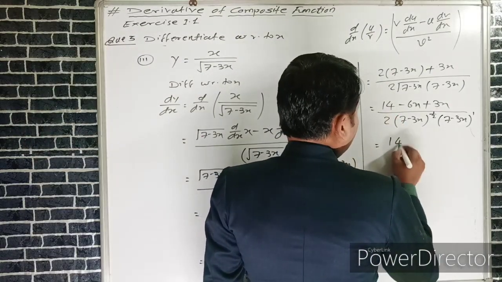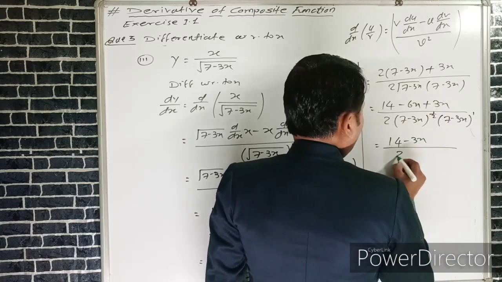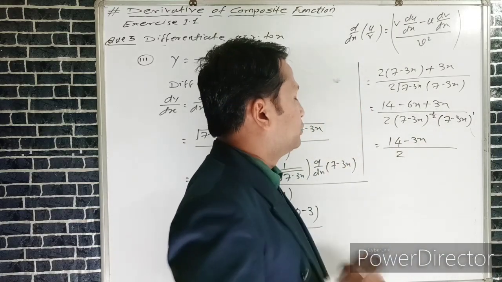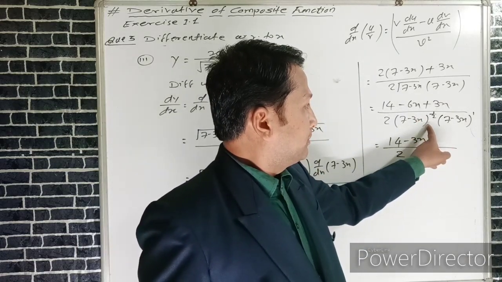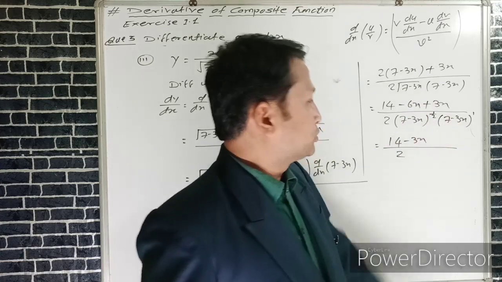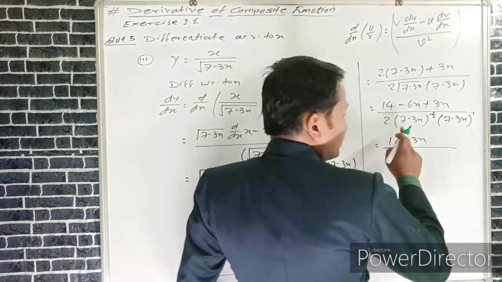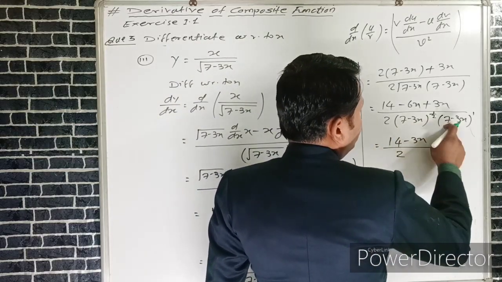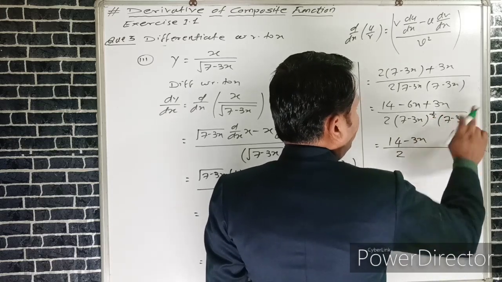14 as it is, minus 6x plus 3x, minus 3x upon 2 into, if we use the rules of indices, m raised to the power n times m raised to the power p is equal to m raised to the power n plus p. If the base is equal, then we can take the sum of the powers.